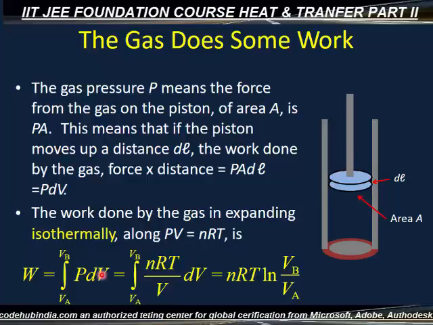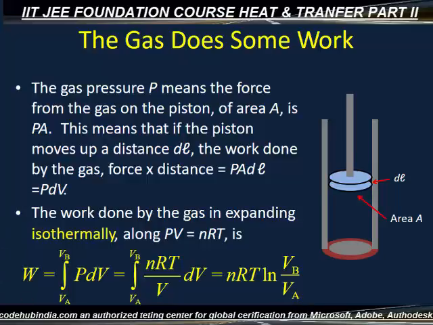Where dV is the small incremental change in volume. The piston is pushing, and I am taking a small change per unit change in volume. That is dV, and we put that value between the lower and upper limits and add it all. That is called integration.